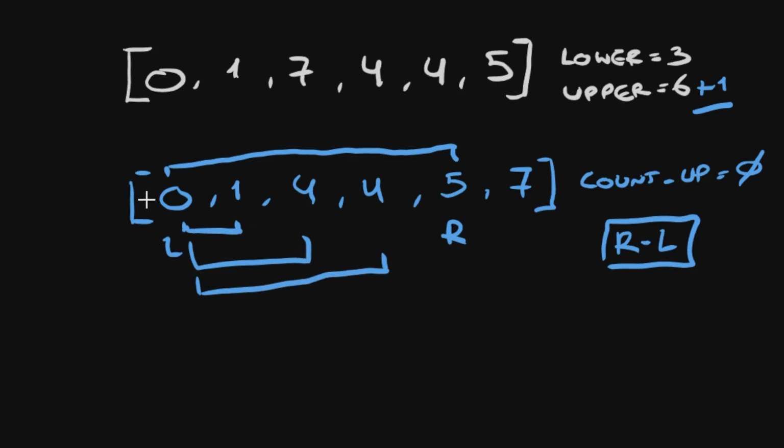Remember, 0 plus 1 is valid because we don't have lower bounds anymore. We are only checking for upper bounds. That's why we want to add 4 to the count. So 4 valid pairs in this case.